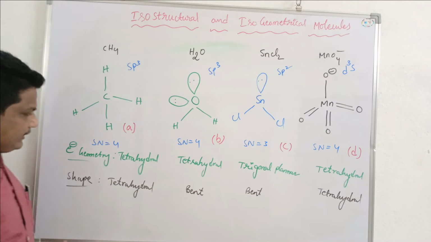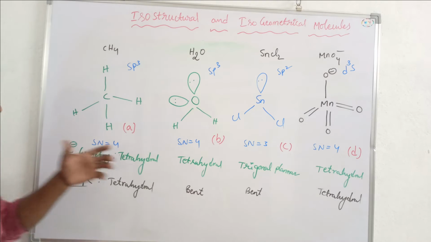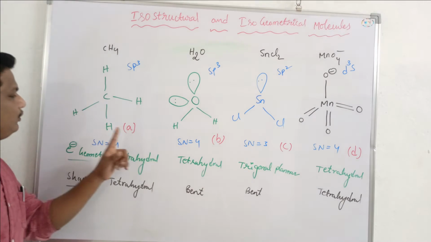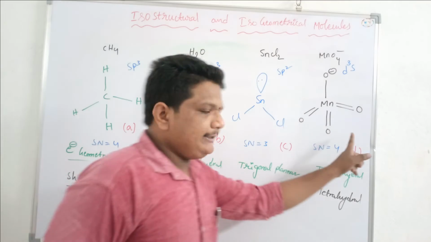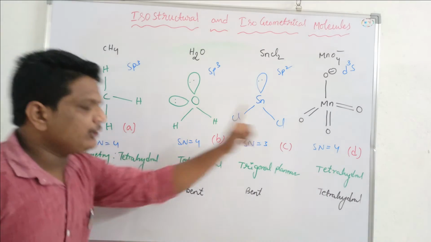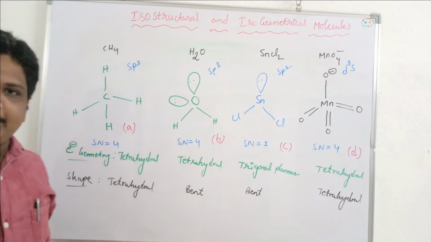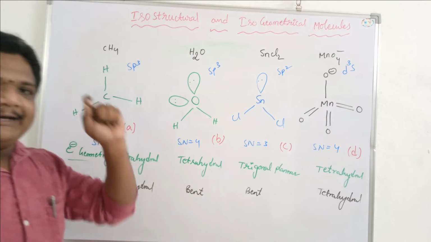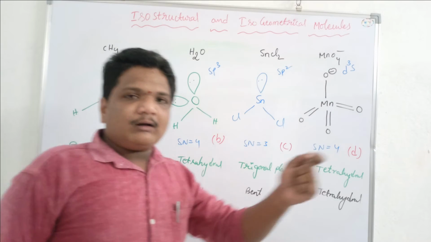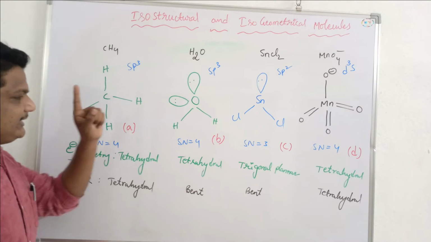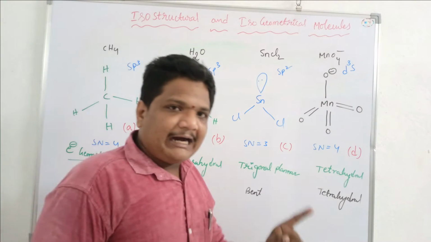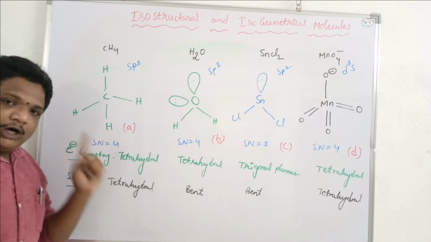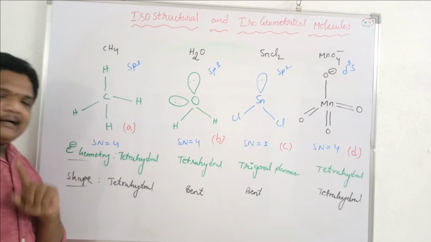Now in the case of steric number, molecules A, B, and D, these three molecules have the same steric number, that is 4. Based on that steric number, we can predict the hybridization or geometry of the molecule. If the steric number is 4, we have tetrahedral geometry.